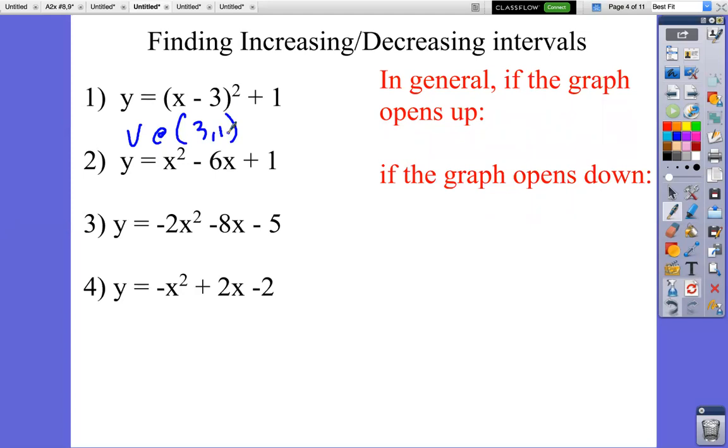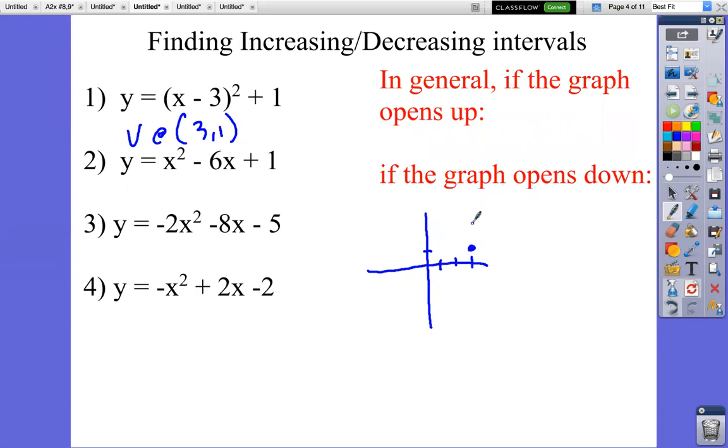Positive 3, 1. Now let's see how this plays out. Again, you have to understand what it looks like. My vertex is 3, 1. Does this open up or open down? Up. And it opens up because your A is positive, right?